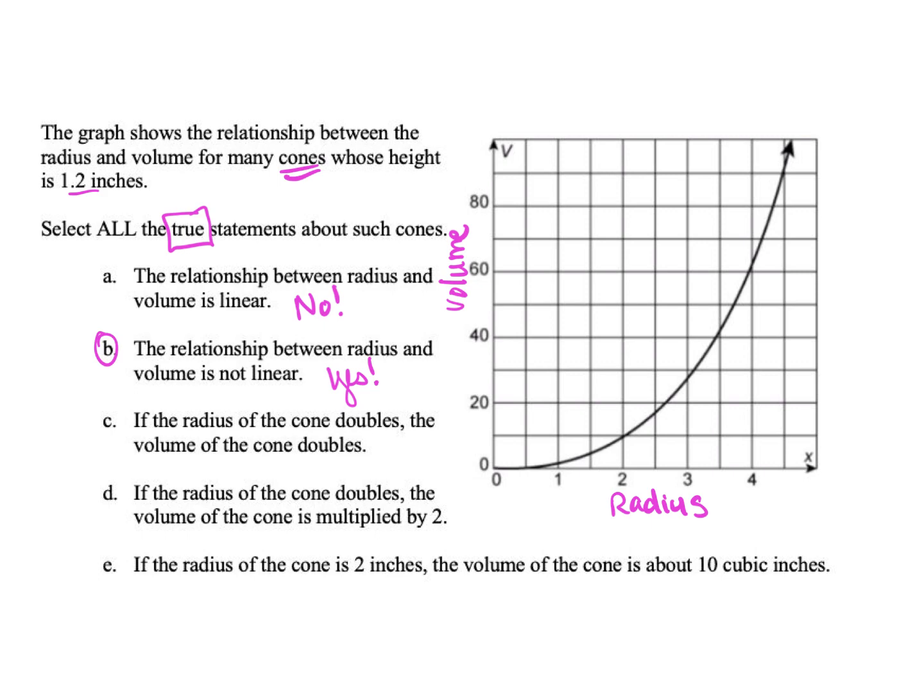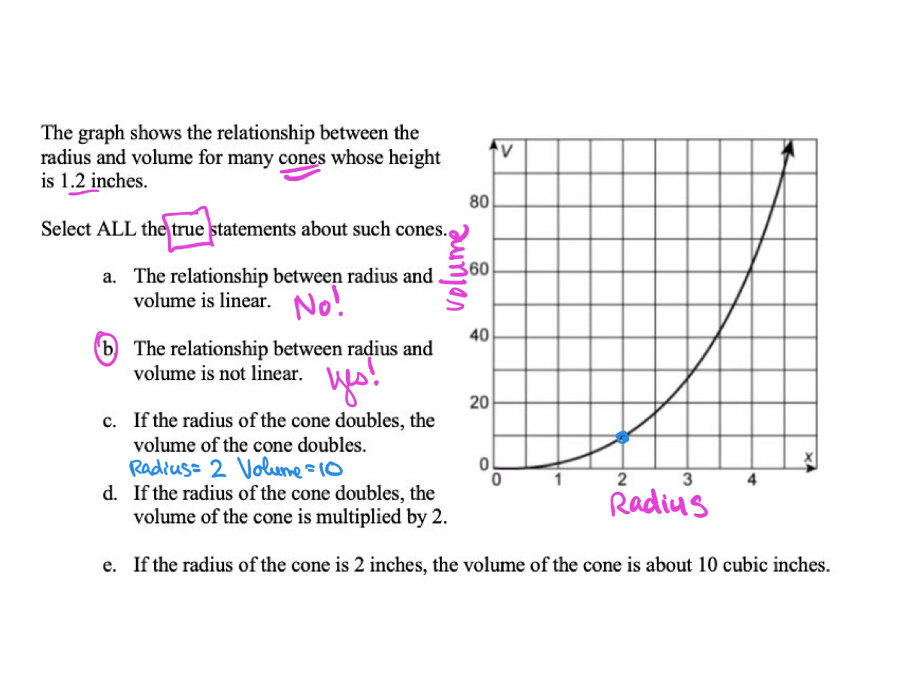So here we have this picture, and let's pick 2 points. If my radius is 2, what would be my volume? It would be 10.